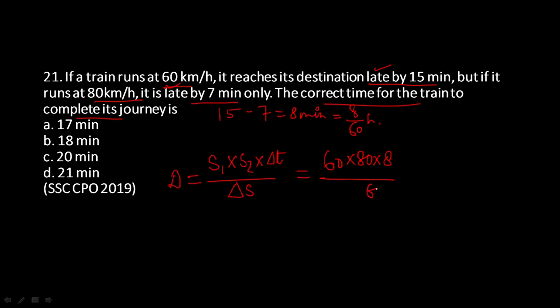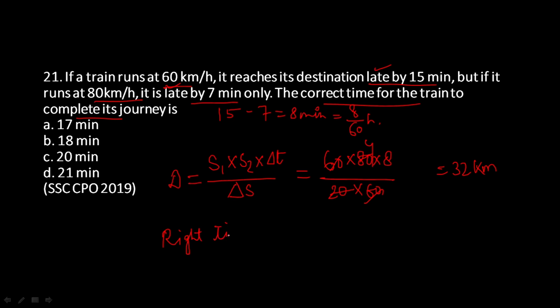So there will be 60 here, and what is the difference of the speed? It is 20 km, so it will be 4, 60 gone, so 32 km is the answer. But in the first case, we have taken the speed where the train has got late, right? So what is the right time?